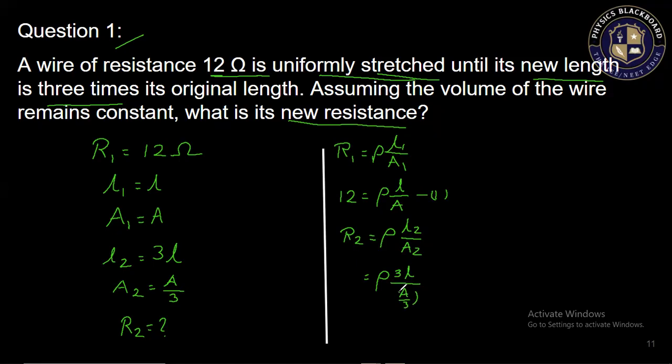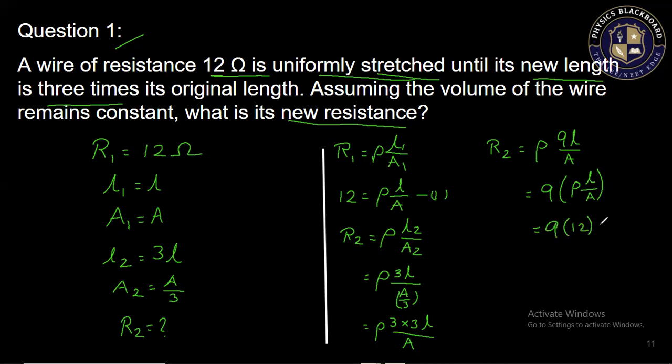Now, further you can take this as rho into 3 into 3L by A. Now, you can get R2 is equal to rho into 9L by A. I'm going to take this 9 out: 9 into rho L by A. Now, in the place of rho L by A, I can take 12, that is from equation 1.